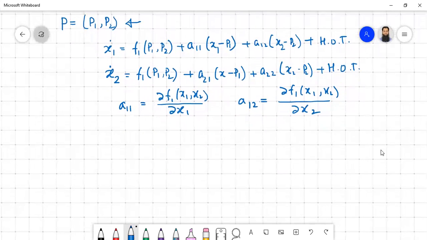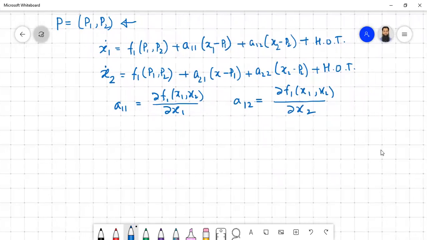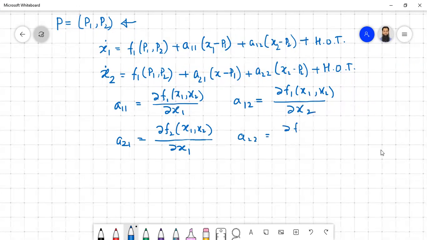Similarly, a21 is the partial derivative of function f2 with respect to x1, and a22 is the partial derivative of function f2 with respect to x2.